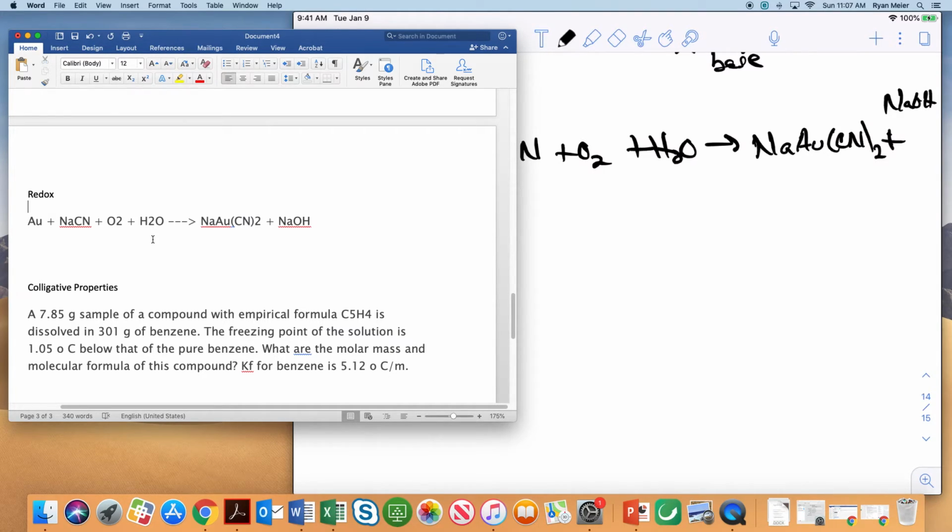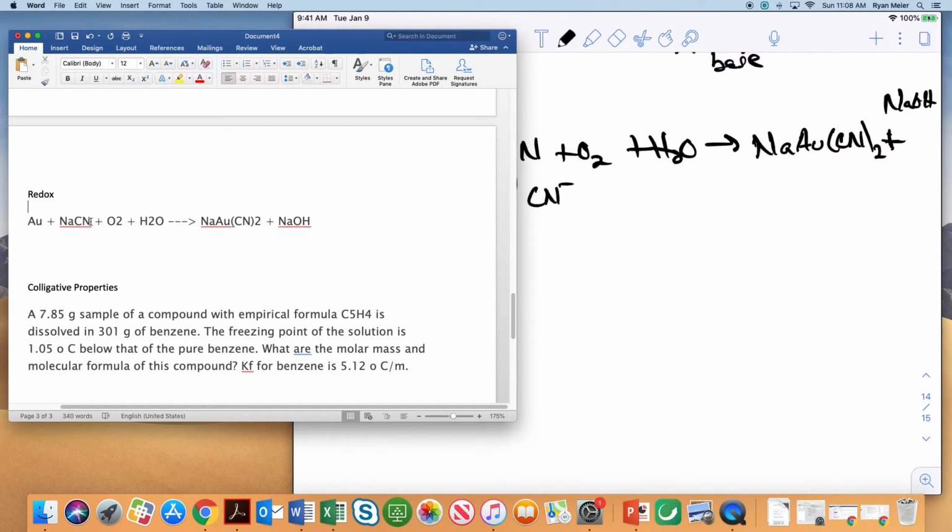All right, so oxidation states. Gold, Au, initially is just 0. And remember, when you have ionic compounds, break it into the ions first. That'll be really important over here. So breaking up into ions, I'm going to have sodium plus 1, CN minus.